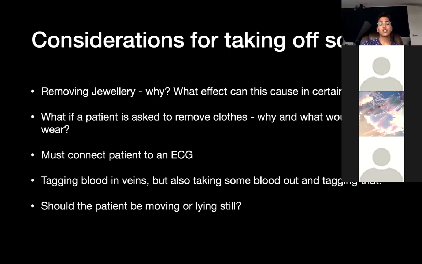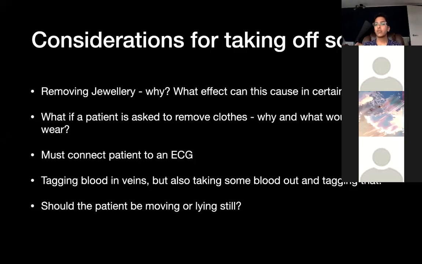Not sure, blocks the scan. It's called the starburst effect. So the starburst effect is some types of metal can actually show up on the scan and they produce this sort of light on the scan so you can't see anything, and that can be a problem. So that's why sometimes jewelry is taken off.